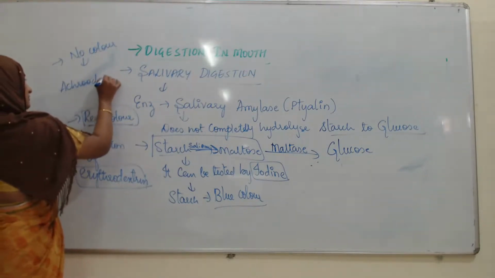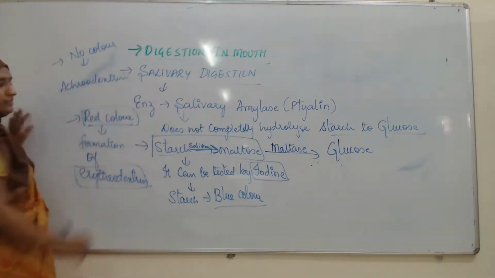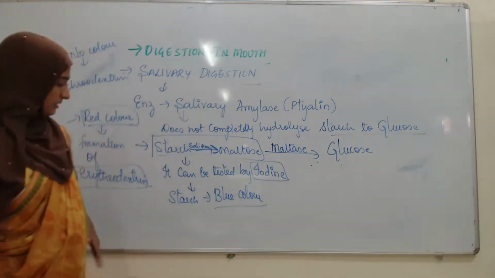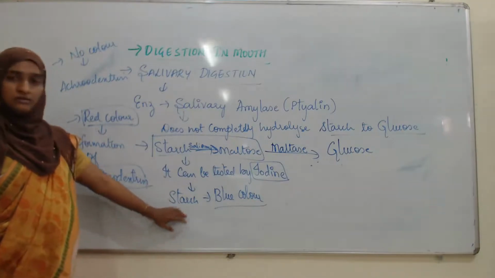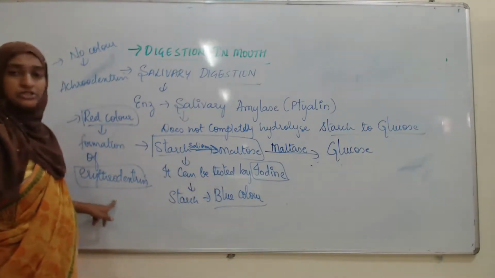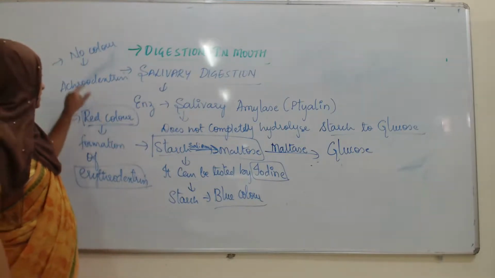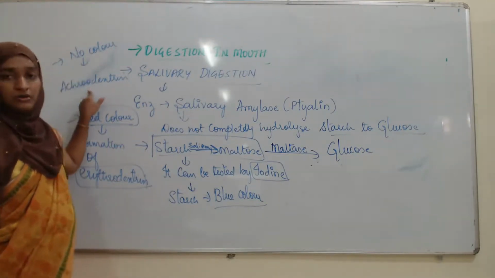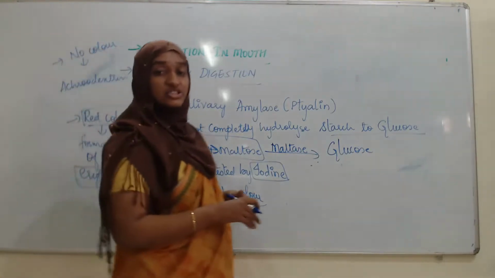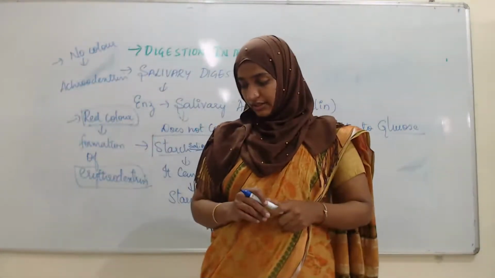Acrodextrin. Okay, so you see: blue color, starch; red color, formation of erythrodextrin; no color, acrodextrin. In this way the digestion in the mouth is going to take place.